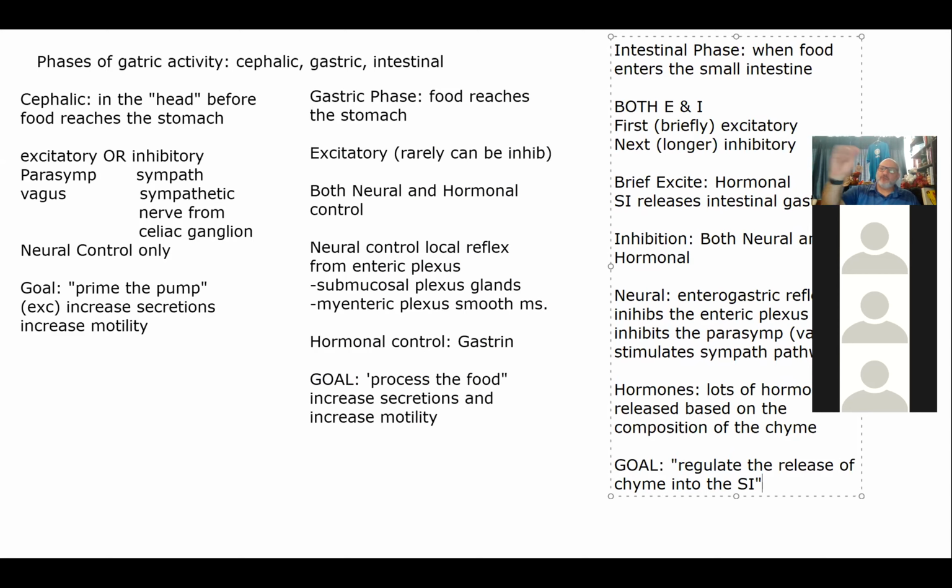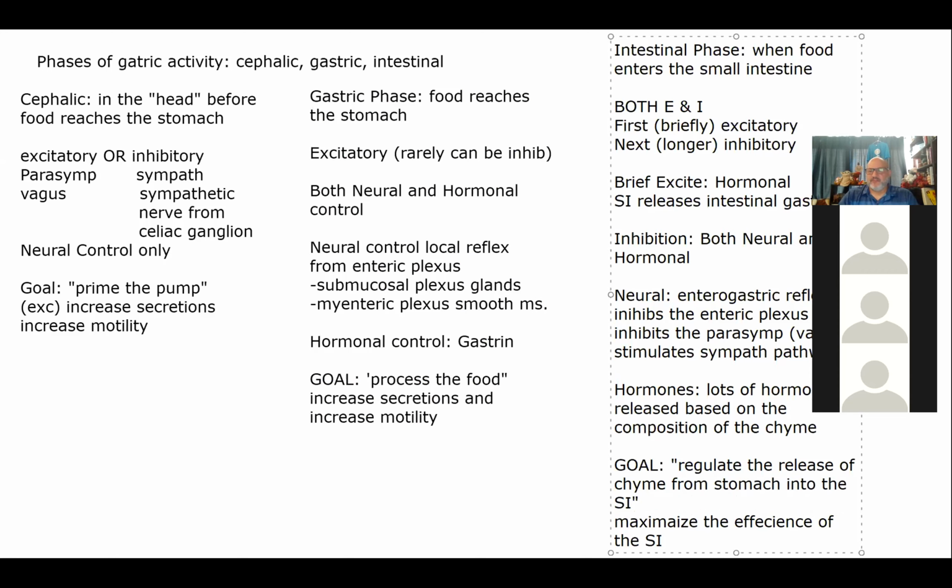We only want you to release the material into the small intestine at an appropriate rate so that we can maximize the efficiency of the small intestine, of the breaking down of that food, mechanically, chemically, and the absorption of it. So we want to control the rate of release from the stomach into the small intestine.